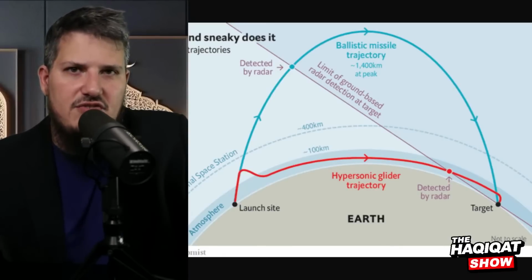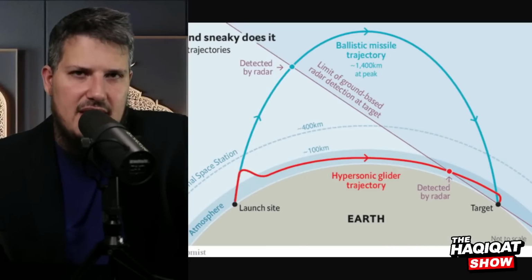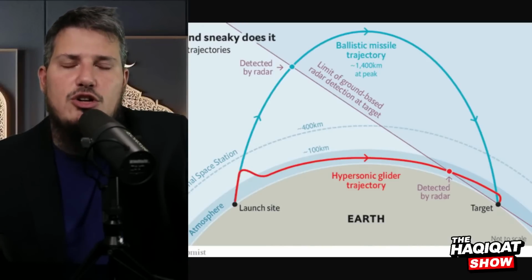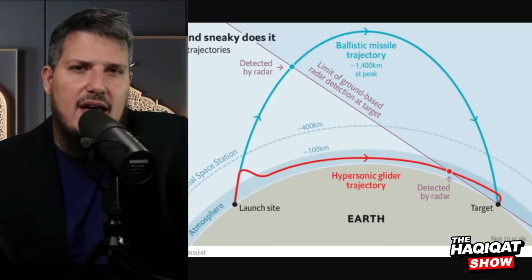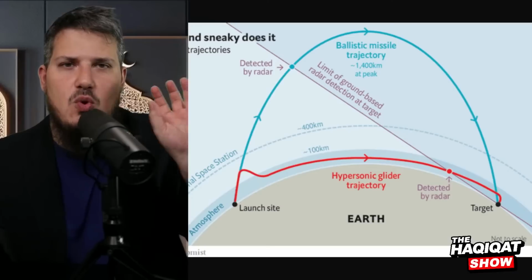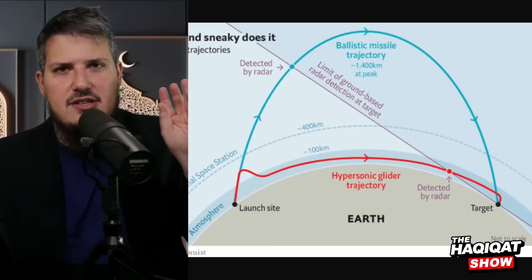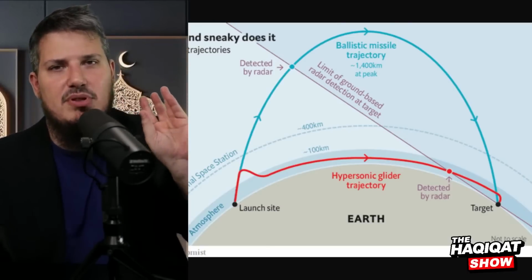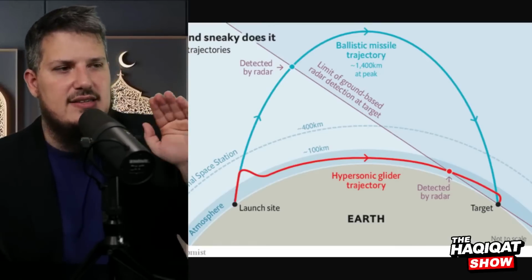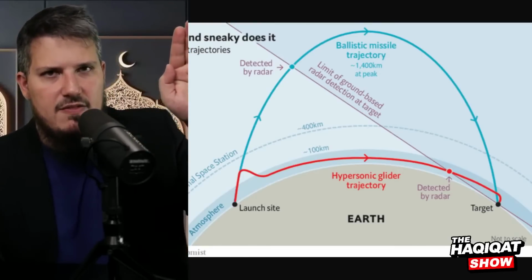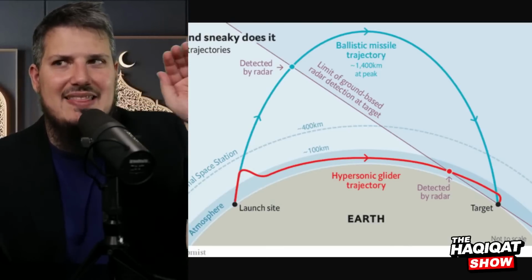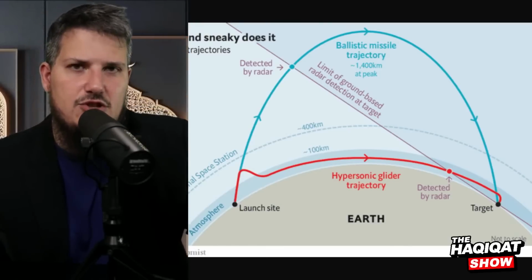Even the most advanced ballistic missiles, like the ICBMs, the intercontinental ballistic missiles used to deliver a warhead payload, work like this: there's a rocket in the launch phase, it's blasting off, and after that launch phase going up, the payload, the warhead, is released, and that is what makes the rest of the journey.